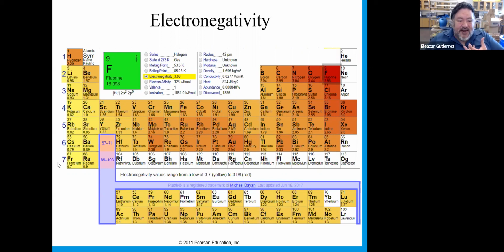So you can see that francium down here in the lower left has very low electronegativity, and fluorine here in the upper right has the strongest electronegativity, okay? So your author is going to say that hydrogen bonding, for example, takes place when a strongly electronegative element pulls electron density away from hydrogen.